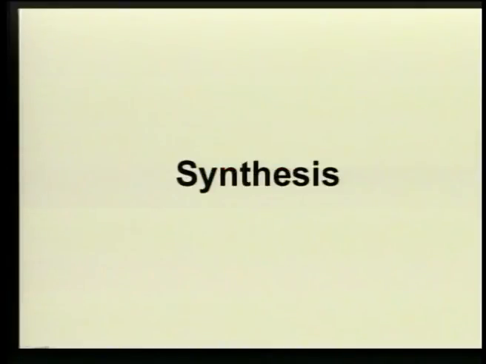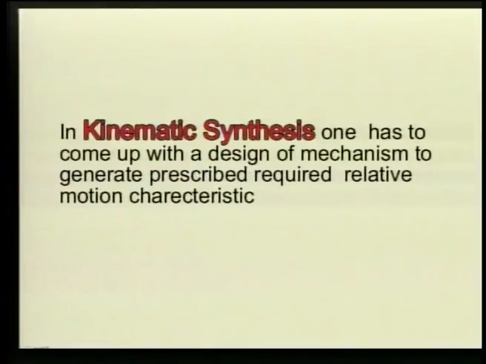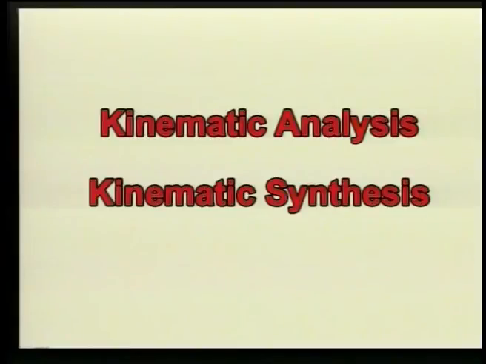The other problem is what is known as kinematic synthesis. In a synthesis, one has to come up with a design of a mechanism to generate prescribed required relative motion characteristics. This course will be addressing both of these problems, namely kinematic analysis and kinematic synthesis.